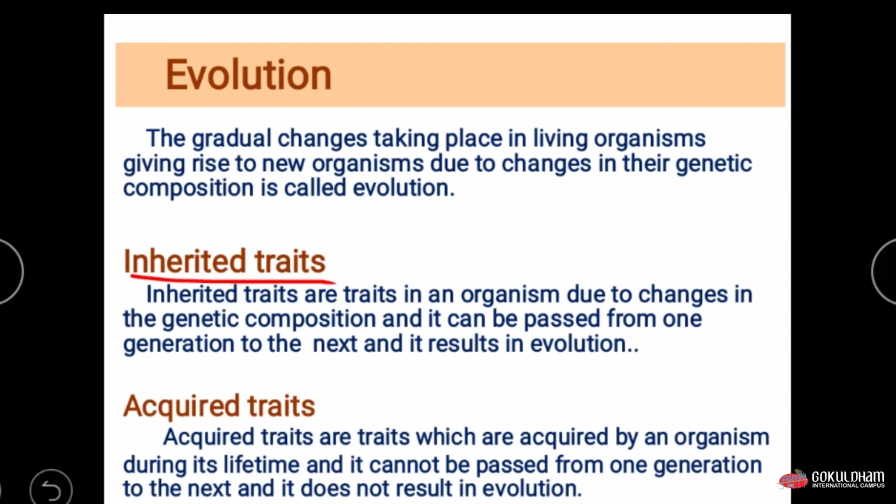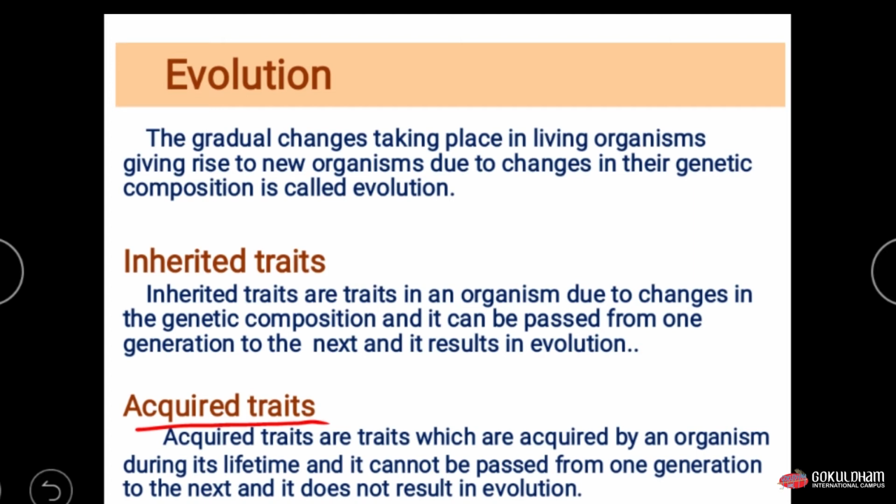Now next is acquired trait. Acquired traits are traits which are acquired by the organism during its lifetime, and they cannot be passed from one generation to the next generation and do not result in evolution. Means जो acquired trait है वो उस तरह की trait है जो कि organism अपनी लाइफ टाइम में जनरेट करते हैं, जो कि जेनेटिक कंपोजिशन में चेंज नहीं होता है.